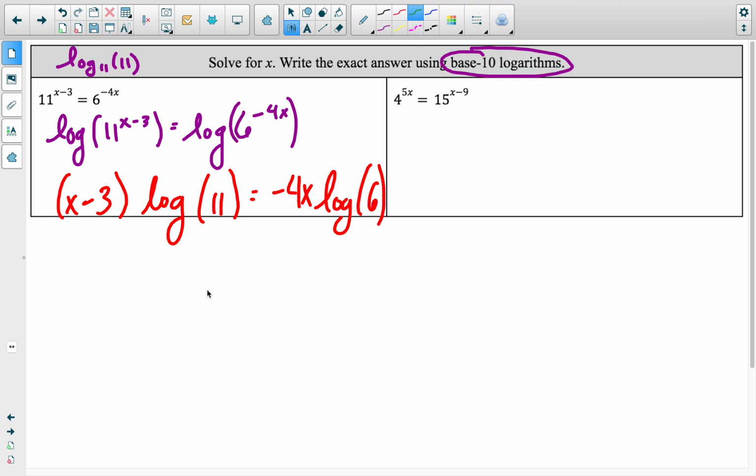Okay, here's the thing though. Nothing's going to cancel because we have a log base 10, log base 10. So our process is going to be just a little bit more involved. We're going to distribute this log base 10 of 11 to both the x and the negative 3.